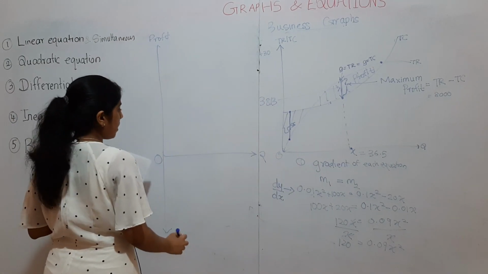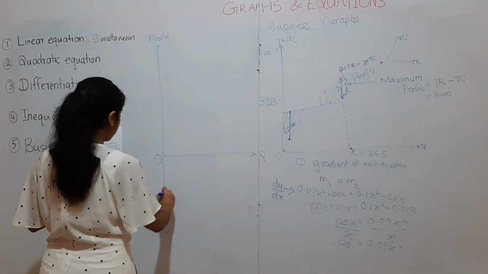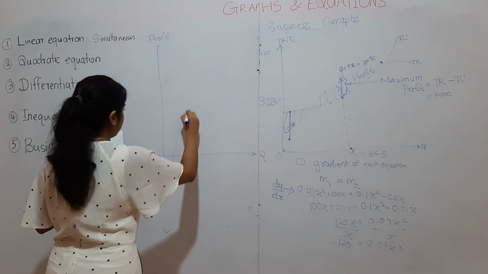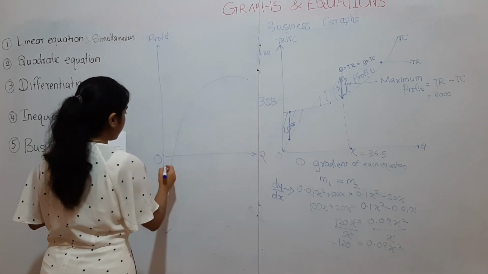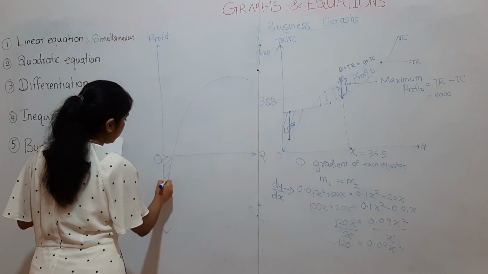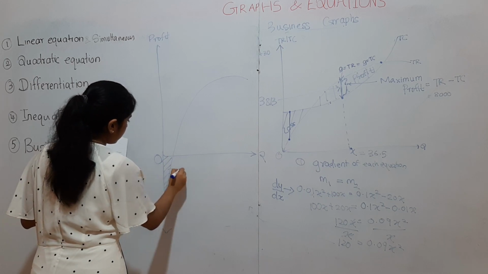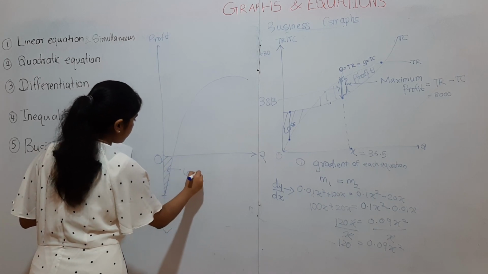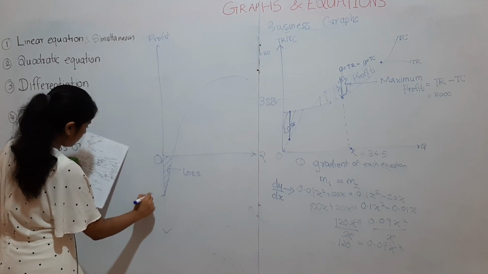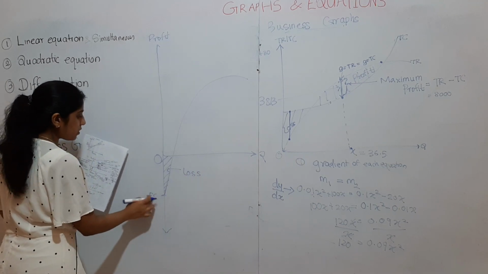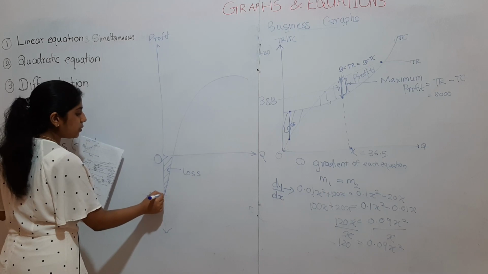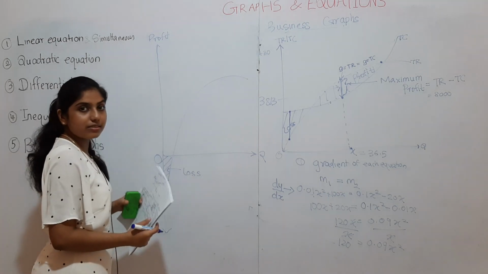So then our profit or loss curve will be like this, where this part is the loss part and this part is the fixed cost point, because of fixed cost, the loss that occurred to the company when there is zero output.